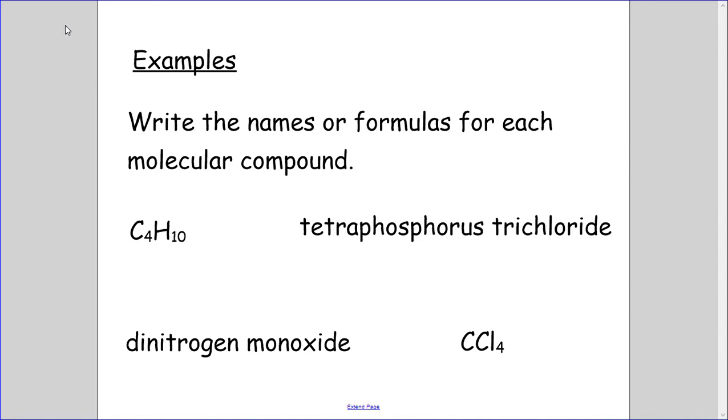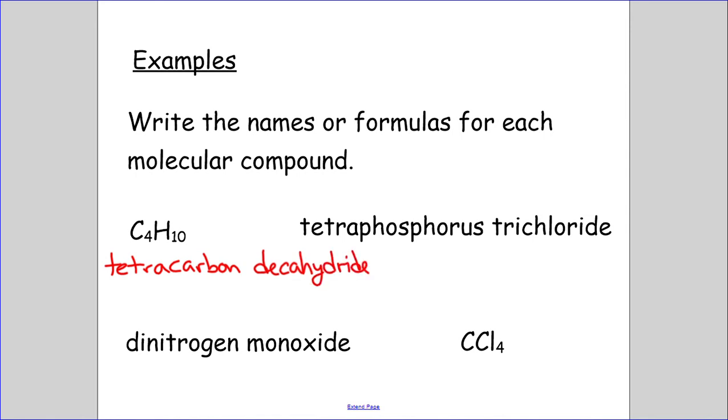Alright, so for our first one, C4H10: 4 represents tetra, so I have tetra, and then I say the name of the element, so tetracarbon. And for H10, 10 is deca, and instead of saying hydrogen, we're just going to say hydride.